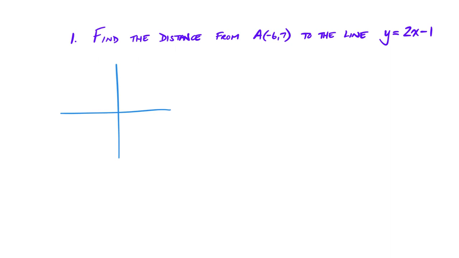What I'm saying is we could just throw on a sloppy line and say, hey, there's y equals 2x minus 1. Look, I was pretty accurate. It has a y-intercept of negative 1 and a slope of 2. Look, I'm rising to the right.